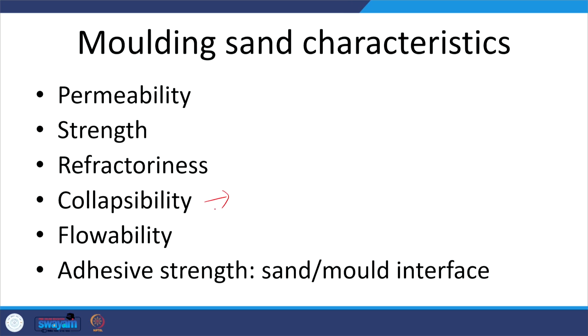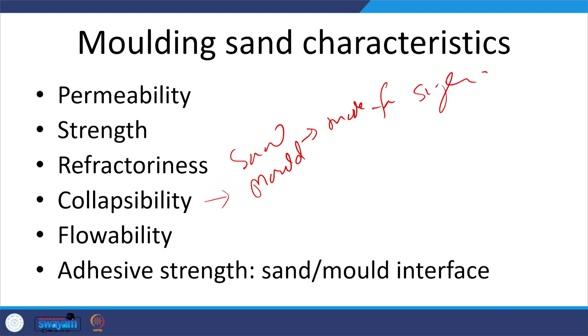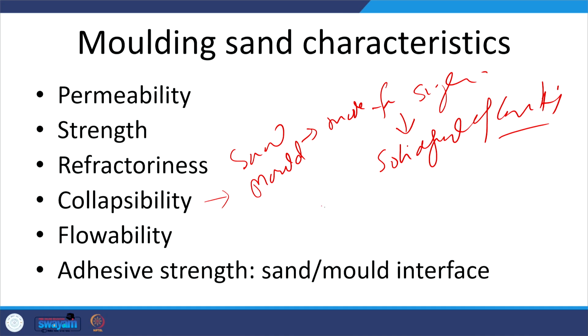Collapsibility, you know, since the sand molds are made for one use, these are single use. Okay, so after solidification of casting, these need to be broken. But you see, say there is a mold and the molten metal has solidified.